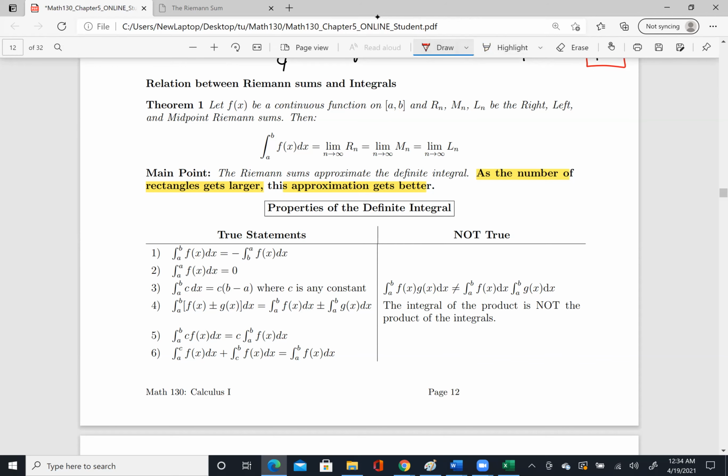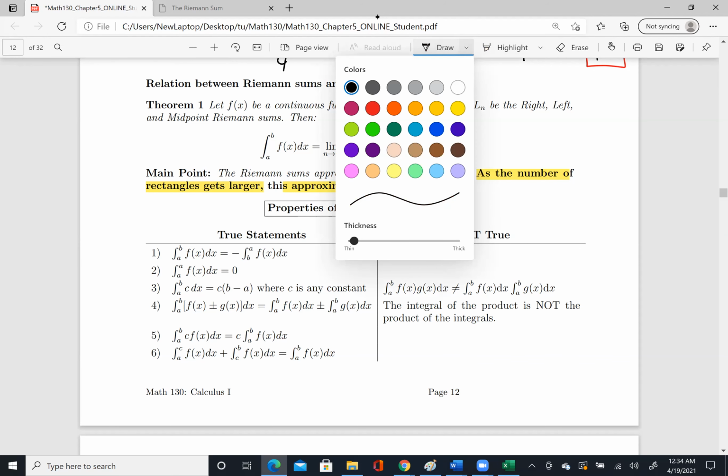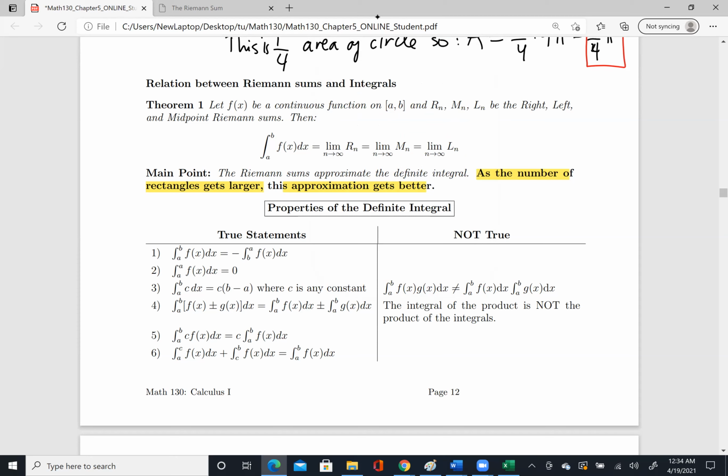Okay, so now the properties of the definite integrals. I have six statements over here. Firstly, the integral from a to b of f of x dx is equal to the negative of the integral from b to a of f of x dx.